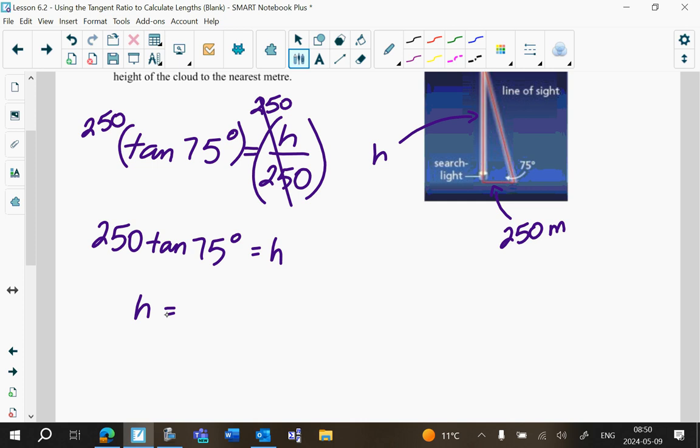So this is where you pull out your calculator, 250 times tan 75, and you should get 933 meters to the nearest meter. That's it.